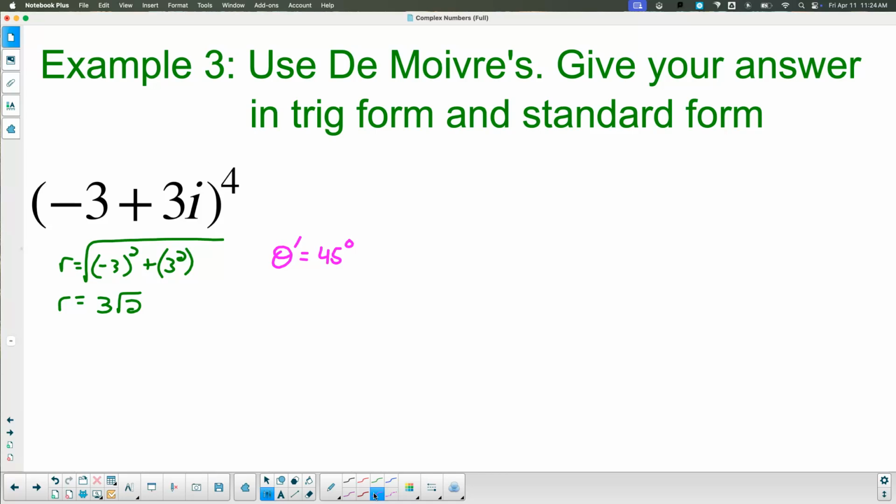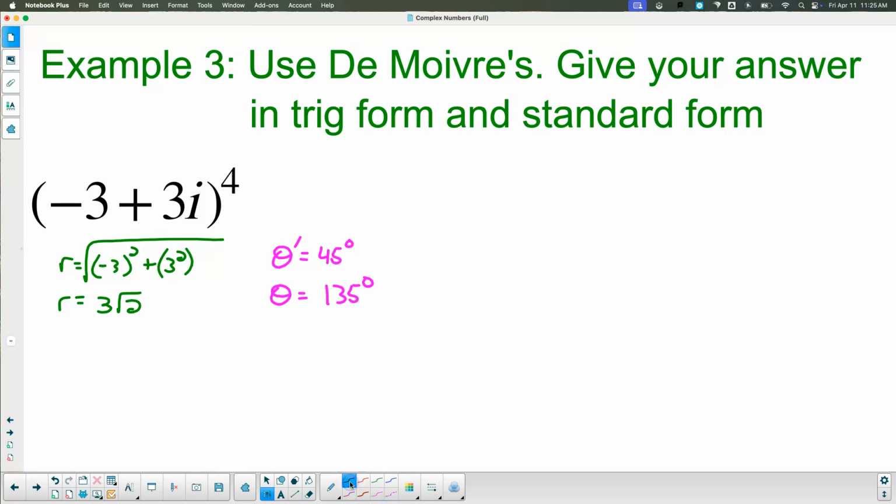That is something that you should be able to recognize right from the start. You should be able to see that when A and B are the same, your reference angle is 45 degrees. Negative positive puts me in quadrant number 2, so actual theta then is going to be 135 degrees. Yes?